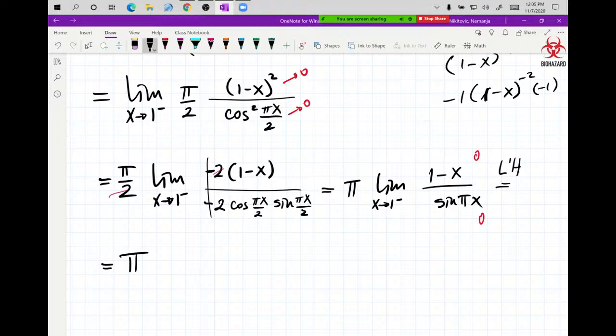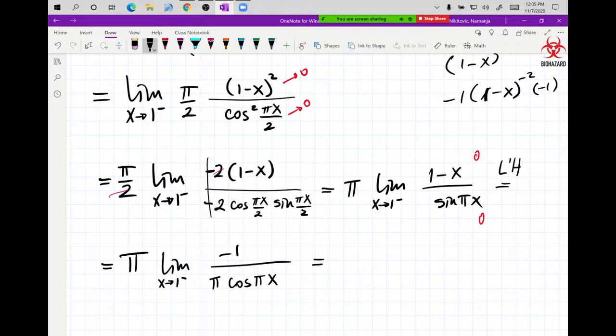Okay, so now the derivative is, again, pi goes in front, 1 minus x. The derivative on top is just negative 1, and the derivative on the bottom is pi cosine pi x. And we are finally done, because now we cannot take limits anymore.